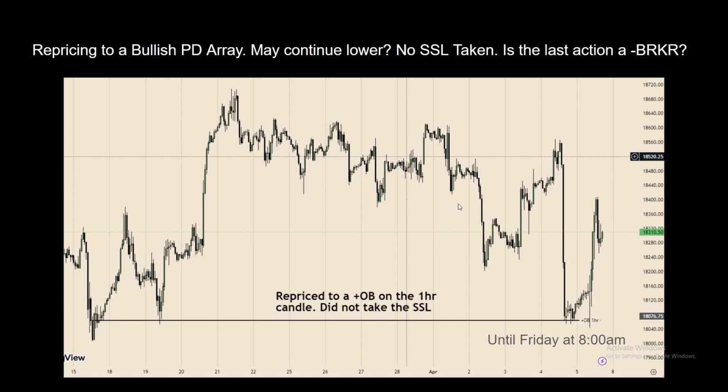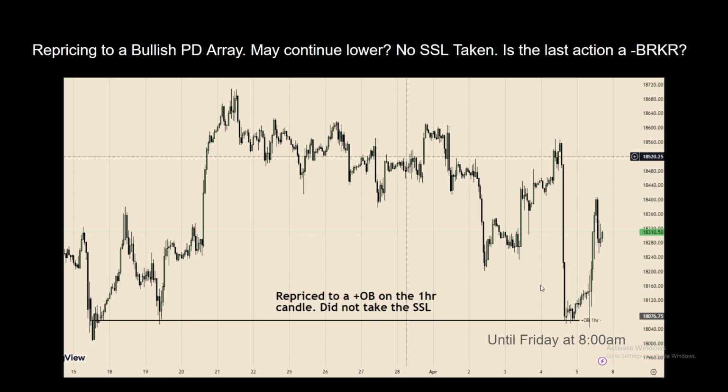I could be wrong though, because after this energetic move down and a break of this, we swing right back up into the 50% range of this energetic price leg here. 50% is about here. And I don't know, but I see that it found support on a 1 hour order block candle, which is over here.